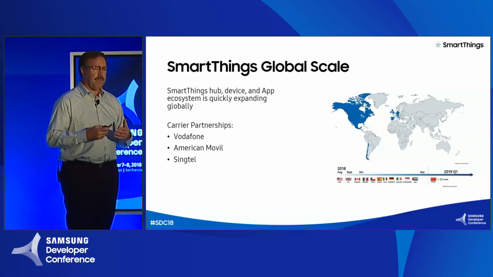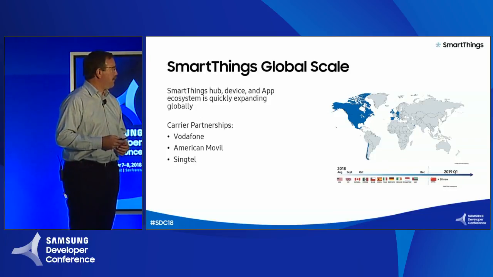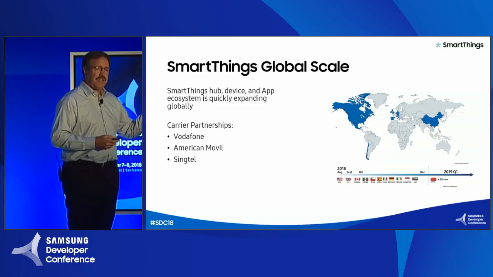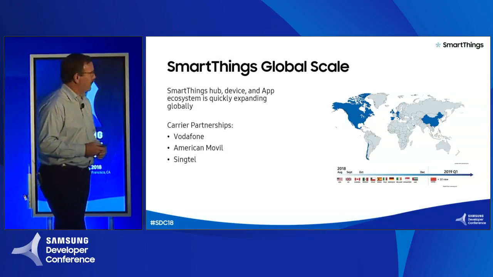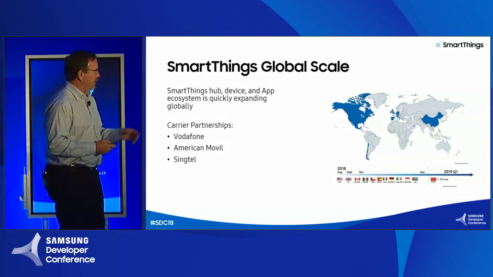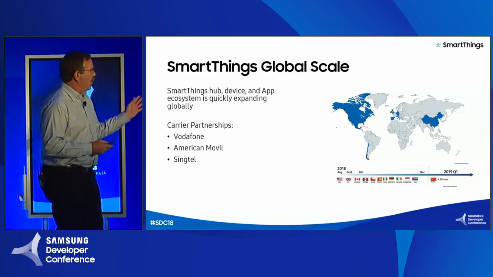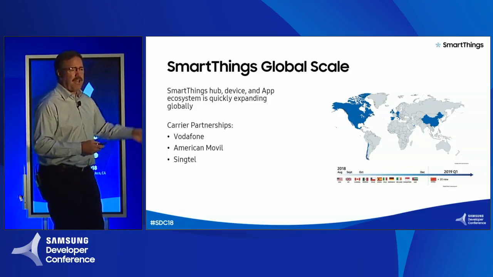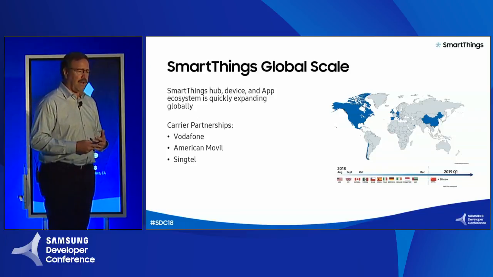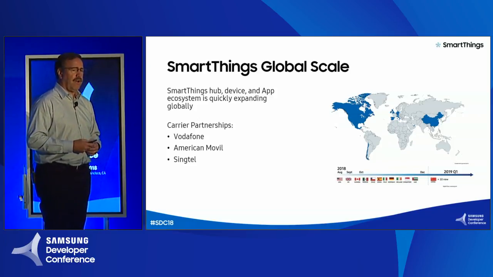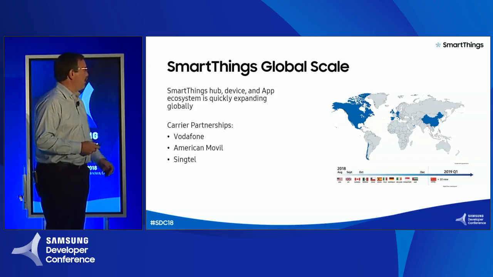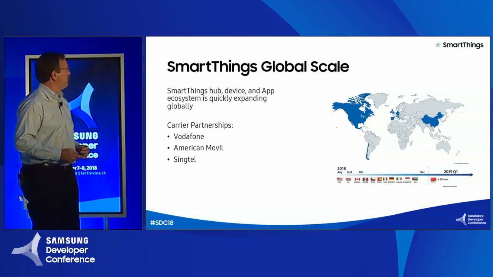So it's a great way to be able to take advantage of growth that's happening on a worldwide basis. We'll see China will be launching shortly, early in 2019. But all the other countries you can see in the flags on the bottom there are places where you would see the product either in retail or available through one of the carrier partners.